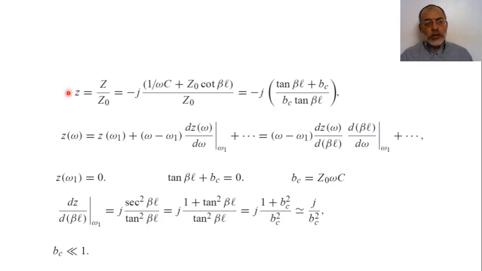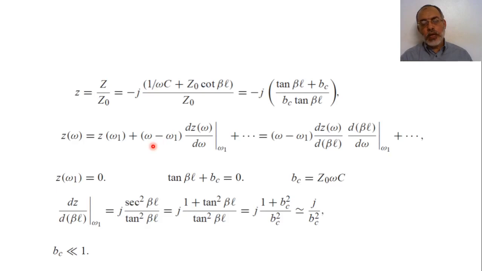Here the normalized impedance is actually represented in terms of beta L, not in terms of omega. So instead of taking the derivative with respect to omega, we can take the derivative with respect to beta L. Then we multiply by d beta L by d omega.